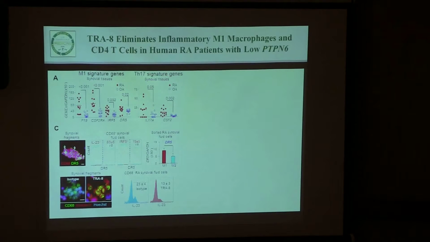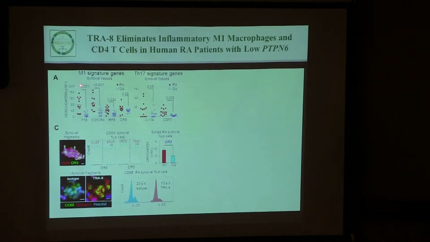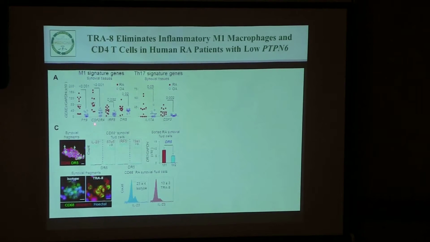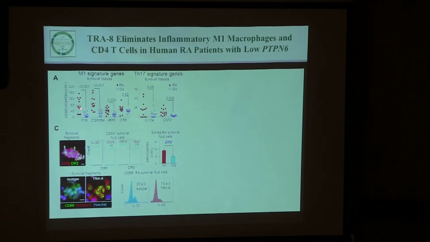The first thing we look at is the synovial tissue from RA and OA patients, looking at the M1 signature genes and Th17 signature genes. The M1 signature genes we measured include p19, GM-CSF alpha receptor, IL-6, and DR5, and all of them are highly expressed in RA synovial tissue, but not in OA synovial tissue.